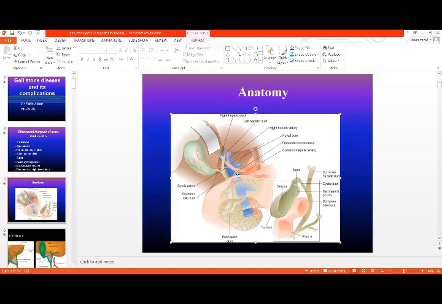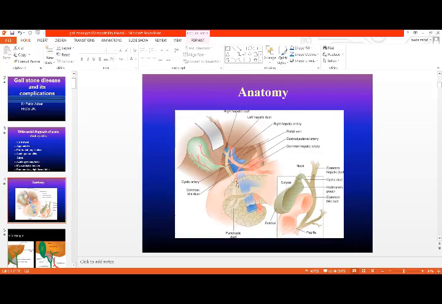The branch of this branch here is called the gastroduodenal artery. This is surgically very important. If there is an ulcer at the posterior wall of the duodenum, posterior to the first part of the duodenum, and it penetrates into this artery, it starts bleeding into the duodenum and you get hematemesis.